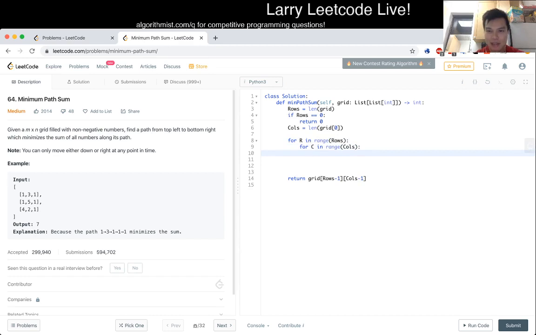And then now grid of R C is equal to the min of something like this, plus grid of R C, and that should be technically okay, but we have to handle the edge cases, so that's why it's going to be a little bit weird.